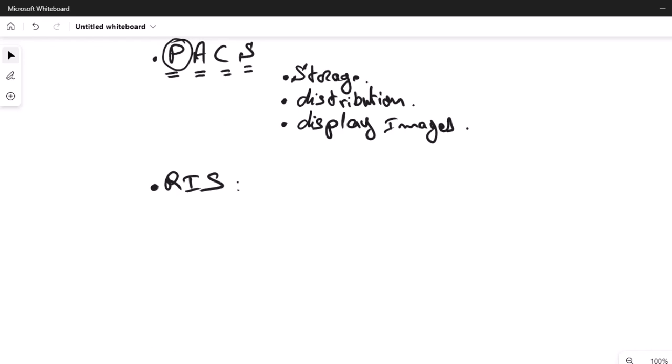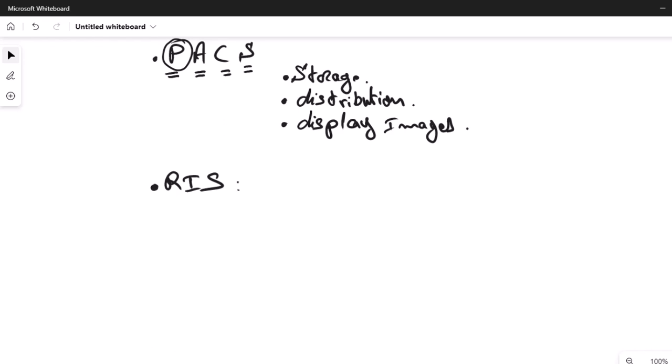Even for radiation dose data, we can find other systems that have this function: the radiation dose management system, or RDM. These are other systems that are dedicated to managing this type of data, the dose data.